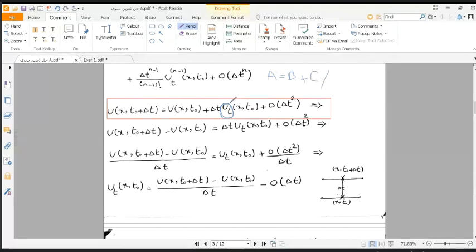We should find u with respect to t from this formula. Yes. We move u_t from right to left and then divide by delta t and find u_t. In the end, the expression gives u_t based on u. We should not compute the derivative.